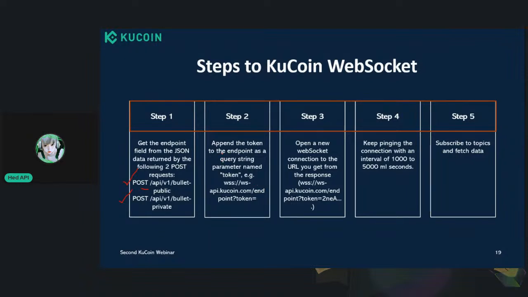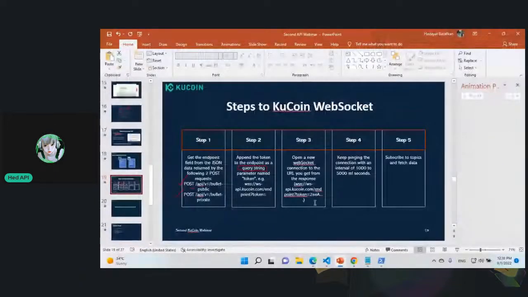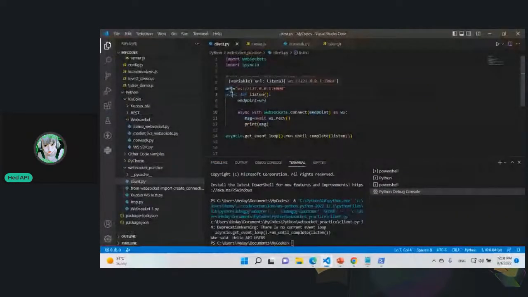And after that, you will append the token to the endpoint, like a query string. You are already familiar with the concept of the query string from the previous webinar. After you do that, you will open a new WebSocket connection, like what we did already in our Python client. When we say that we open a WebSocket, we open a new WebSocket connection to the URL, it's like this. This is the address.